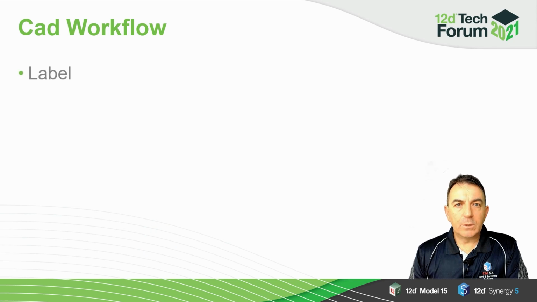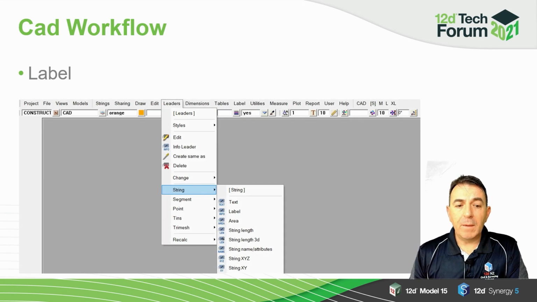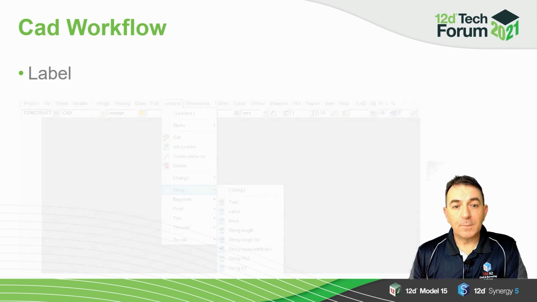Now labeling in 12D, you've got many different options that you can label. You can label things manually, so like with leaders, for example, you'll see the leaders there. There's a lot of leader items that you may be used to inside 12D. They've been subcategorized into labeling or putting a leader on a string, a segment, a point, again, just to make it easier for existing users and new users to find those options.